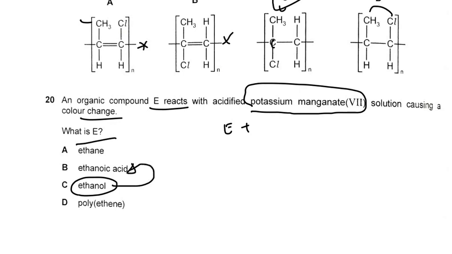So option C is the only correct one, because this is the only one causing the change in color of potassium permanganate, because it is acidified. So based on this, question 20, I hope you got around 18 out of 20, or definitely you can go 20 out of 20, except one or 2 questions. It is difficult, but if you sort out all the options, you should be scoring 20 out of 20.